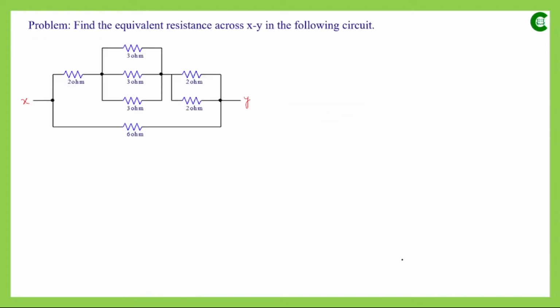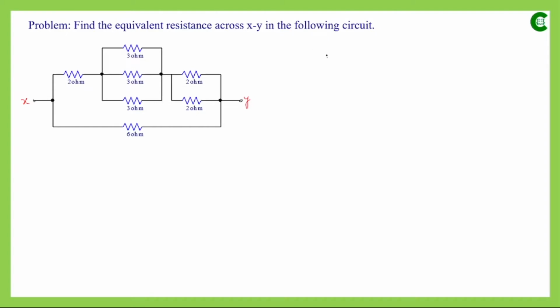Next, we will simplify an electrical network which has multiple resistors connected either in series or parallel, and we will find out the equivalent resistance value between these two terminals X and Y. If we assess this part of the circuit, we can see these two resistors are connected in parallel.